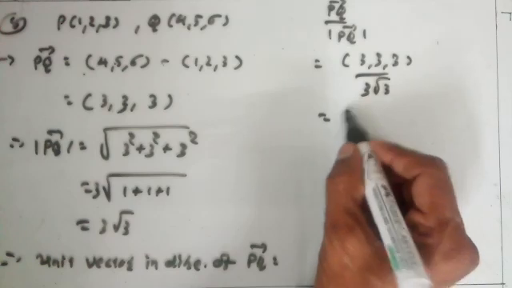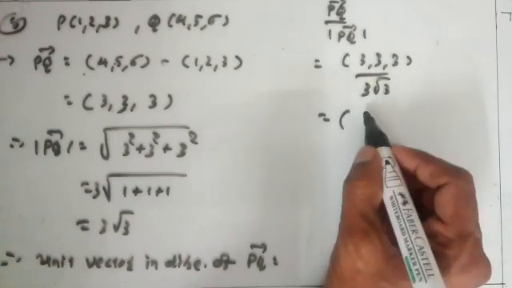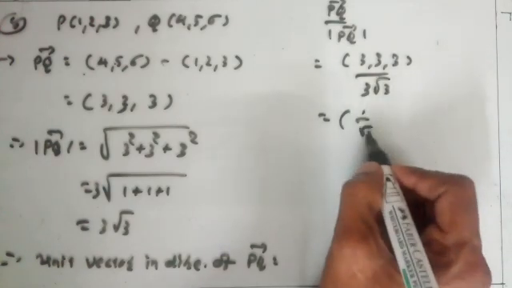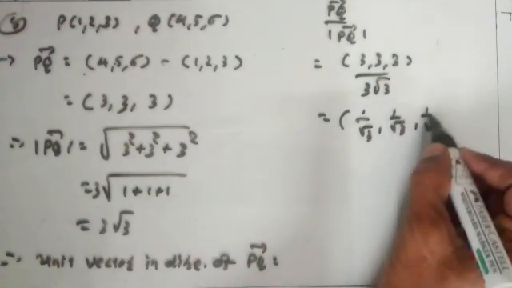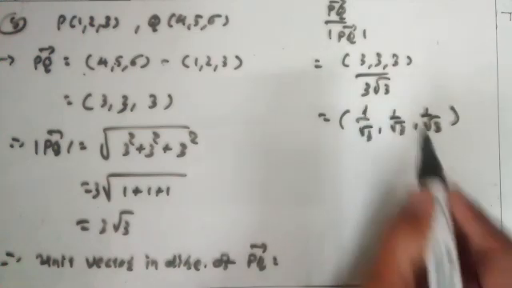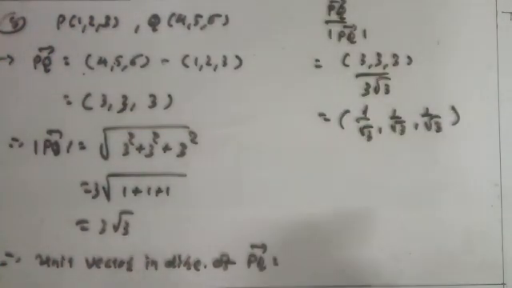Dividing all components by 3 root 3, we get (1 upon root 3, 1 upon root 3, 1 upon root 3). So this becomes the unit vector in the direction of PQ.